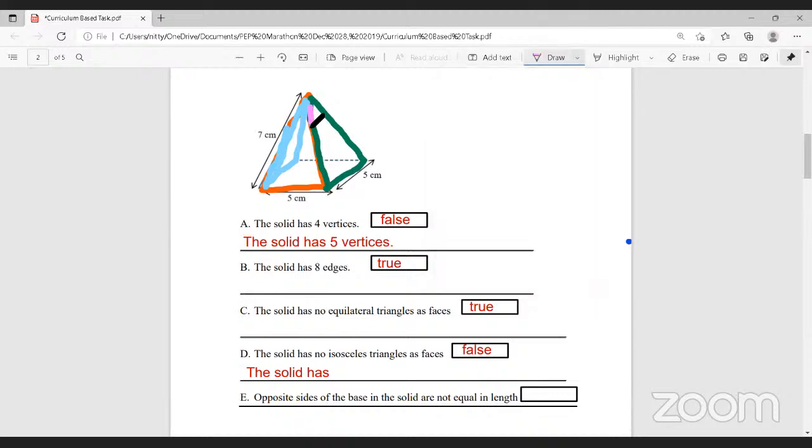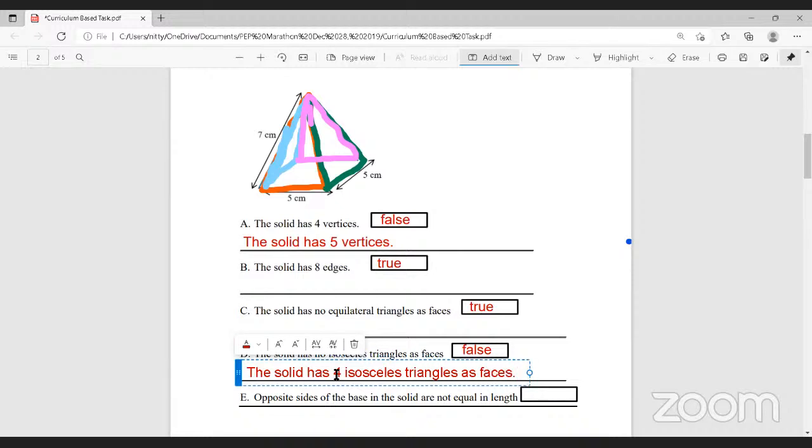And here on the other side, where is it? Right here. This would be another isosceles triangle. So yes, you guys are correct. 4 isosceles triangles. So let's go back to our statement here. The solid has 4 isosceles triangles as faces.